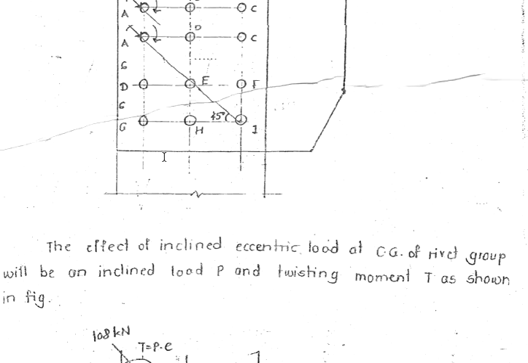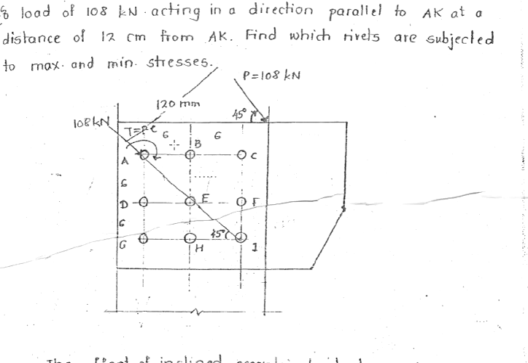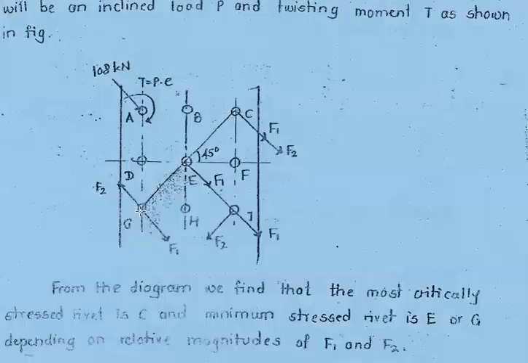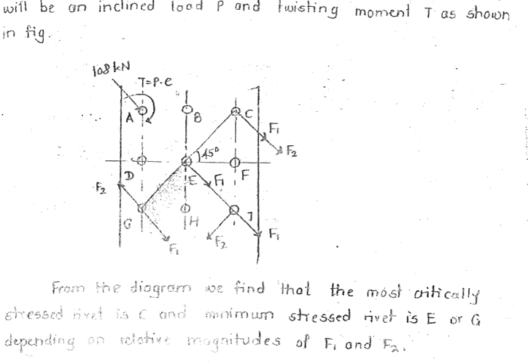Here we can see that the horizontal as well as vertical spacing between two fasteners is 6 centimeter. The distance of the four corner fasteners A, G, I and C is equal, that will be under root of 6 square plus 6 square, that is 6 under root 2.